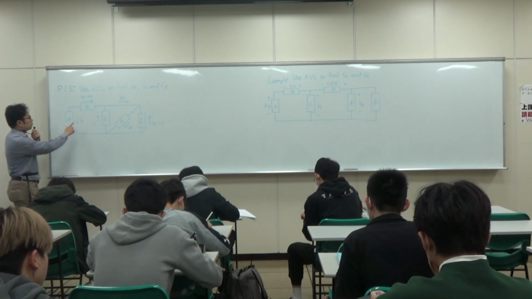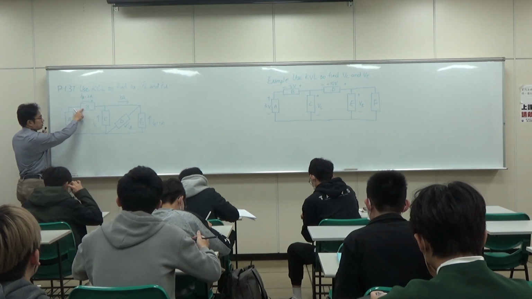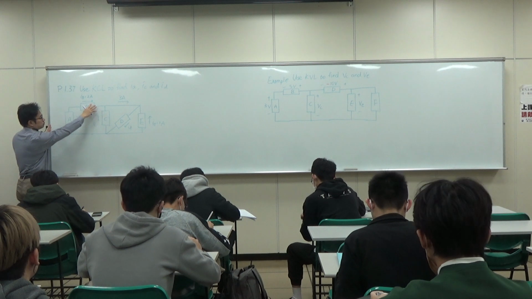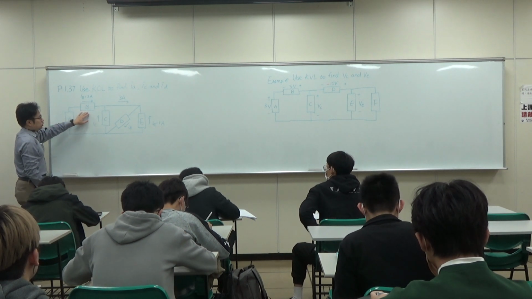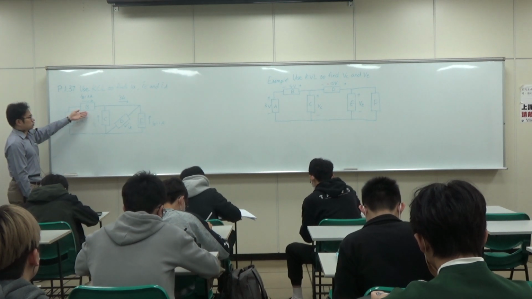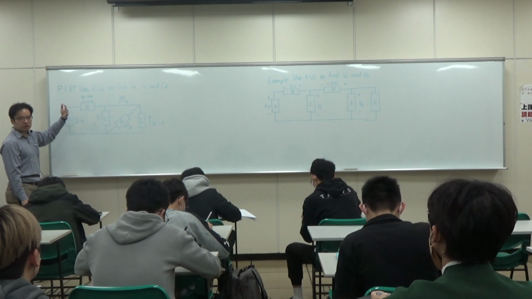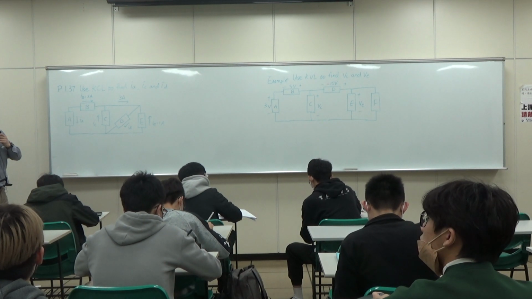So we know the current flow through the element B, no matter. So this block means it doesn't matter which element B is. So it could be a battery, it could be a resistor, it could be capacitor, inductor. Questions?